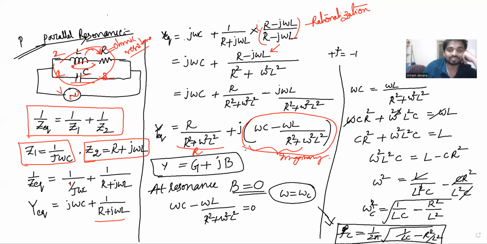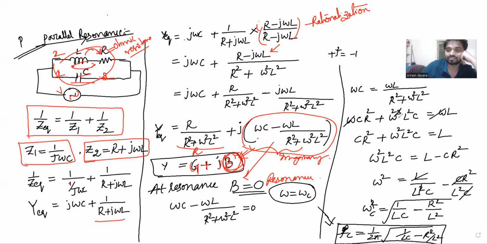If it is 0, that condition is considered a resonance condition. So if Y is equal to G plus jB, conductance plus j susceptibility, and the susceptibility B is 0 in the parallel branches, it is a resonance condition. Therefore omega C minus omega L by R square plus omega square L square is equal to 0.